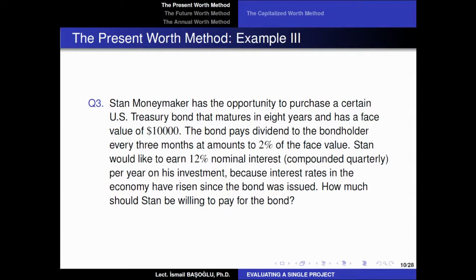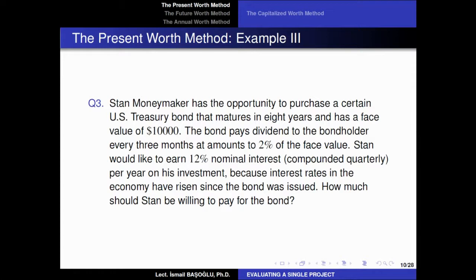The bond pays dividend to the bondholder every 3 months at amounts of 2% on the face value. So what is 2% of the face value? 2% of the face value is $200. So this means that at the end of every 3 months for 8 years, 2% of the face value, which is $200, is going to be paid to Stan Moneymaker as well.